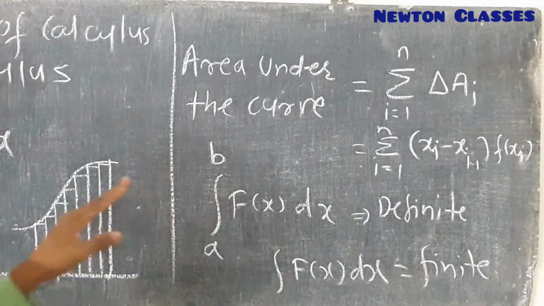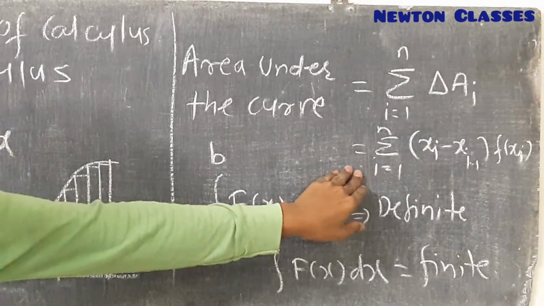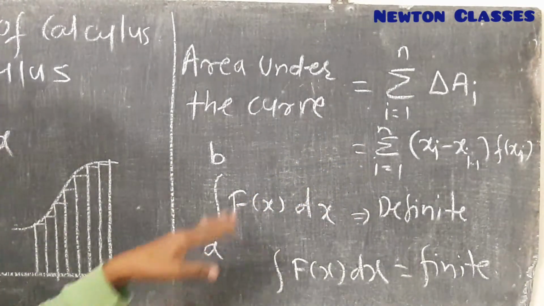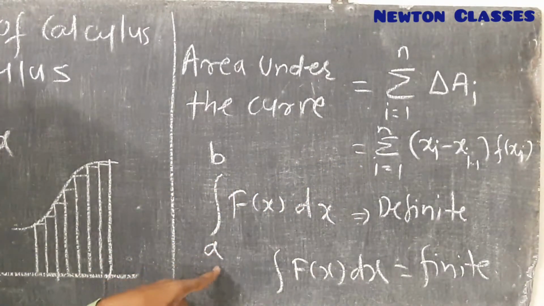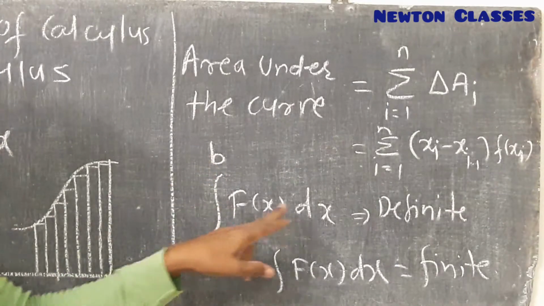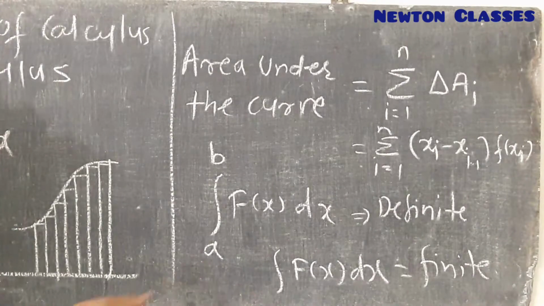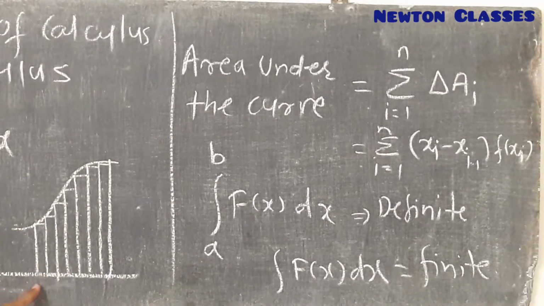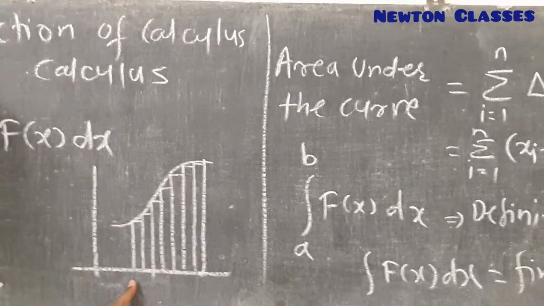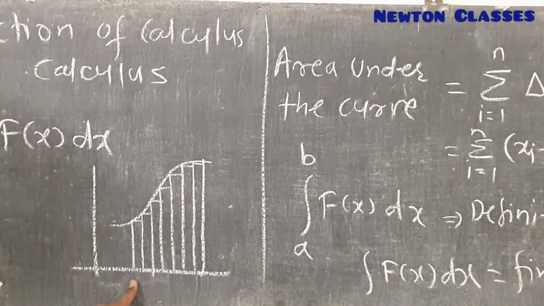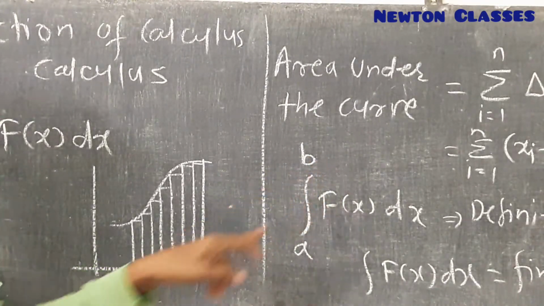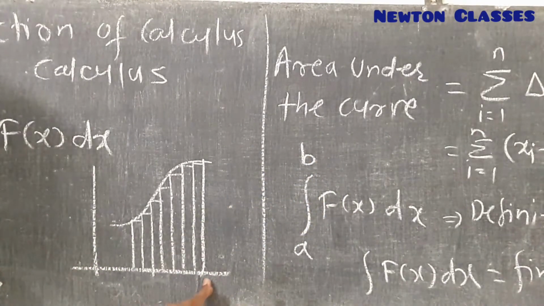Now, this term can be written in the form of an integral as integration from limit a to b f of x dx. Here a is the lower limit, that is, the value of x from where we have to find the area, and b is the higher value of x up to which we have to calculate the area.